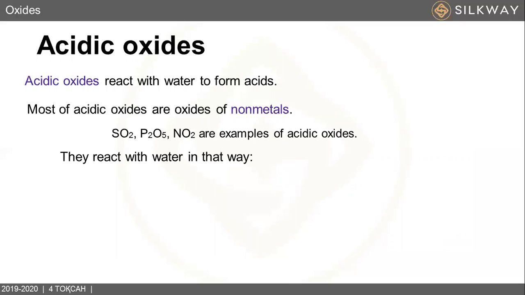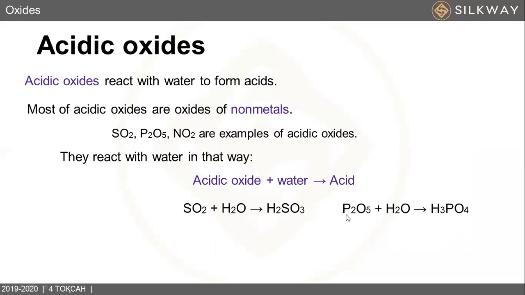They react with water to produce acids. For example, when sulfur dioxide reacts with water, it produces sulfurous acid. Diphosphorus pentaoxide reacts with water and produces phosphoric acid.